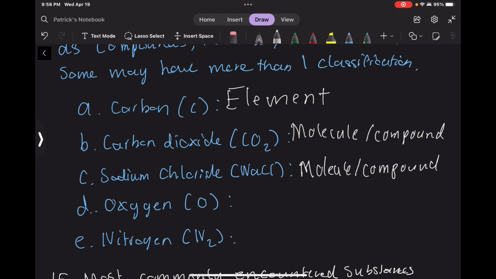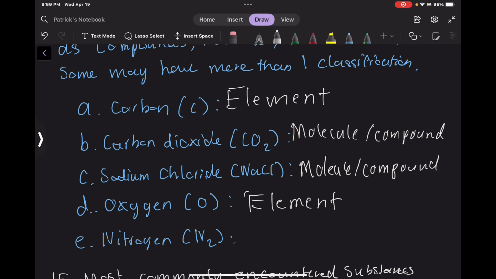What about oxygen? Notice the chemical formula provided here. There are no subscripts, so this type of oxygen is an element, not a molecule. Finally, we have nitrogen, or N2.